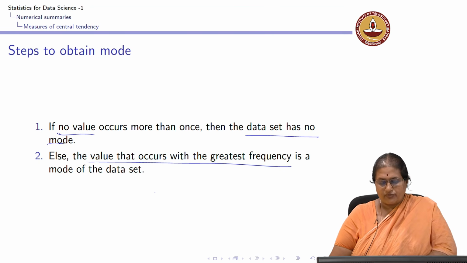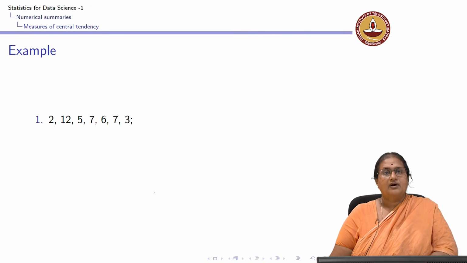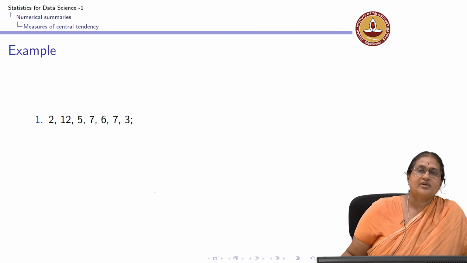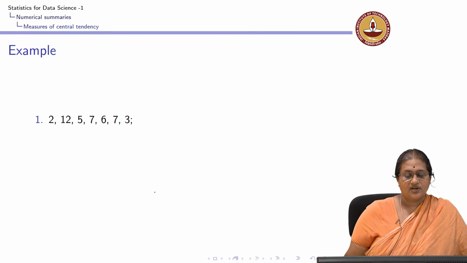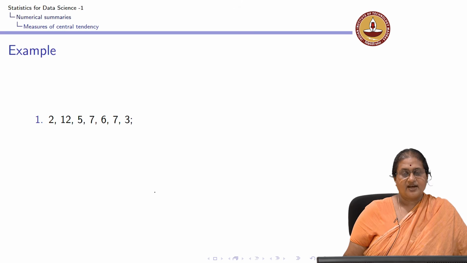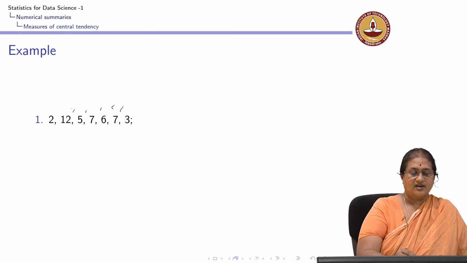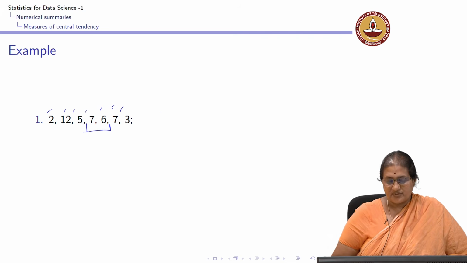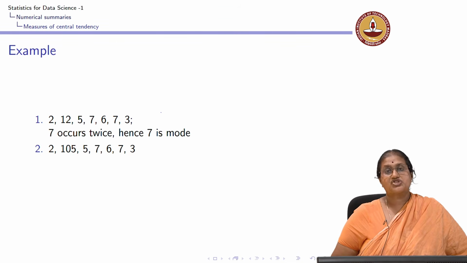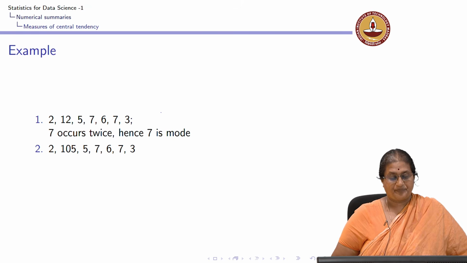If no value occurs more than once, the data set has no mode. Now, going back to the same data sets we have considered so far, in this data set I have 2, 12, 5, 7, 7, 6, 3. We can see that 7 appears twice, hence the mode of this data set is 7. In the second data set also, 7 occurs twice.